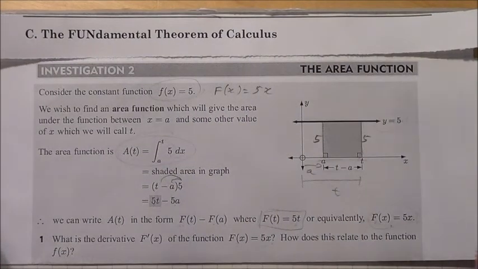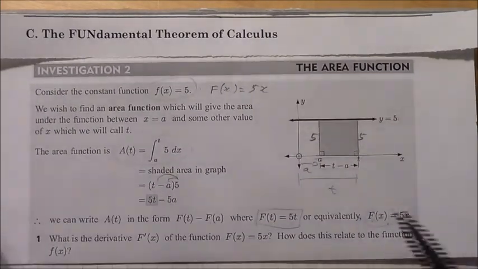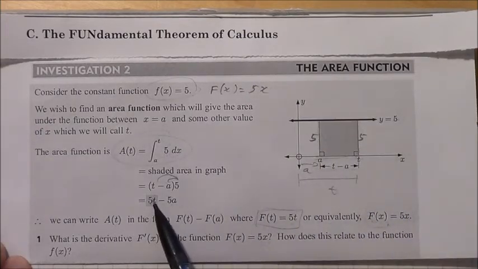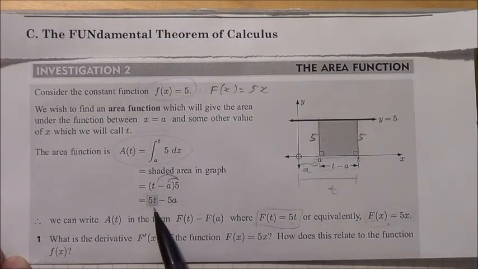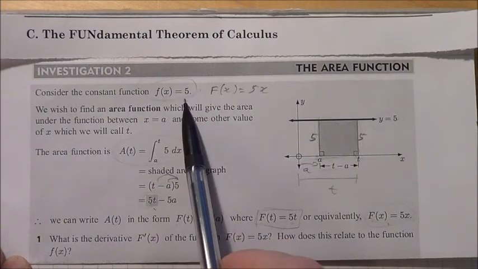Okay, so let's move on to another example here. So, sorry, just to summarize this, we can now see that by taking the area here, we're actually finding the antiderivative of this original function.